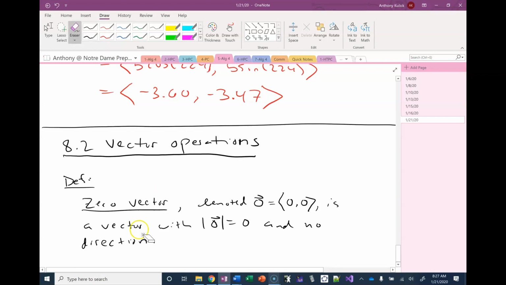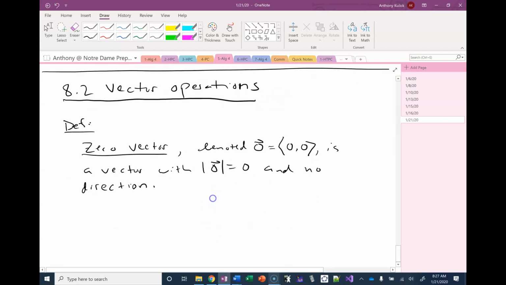So we've defined one special vector, the zero vector, that has no direction to it. And really we need to do this so that the rest of these vector operations work out in a way that our rules of algebra still apply.